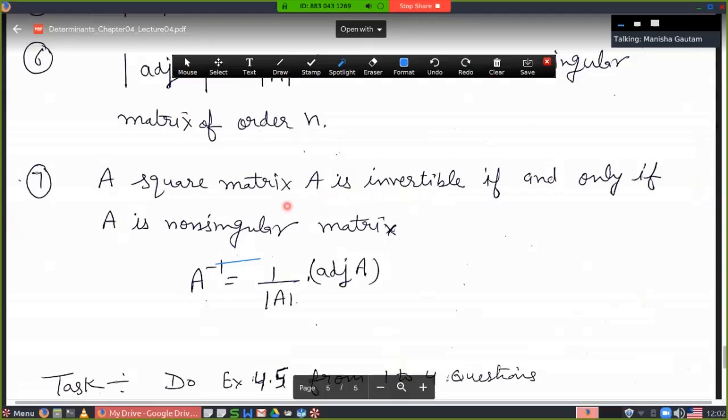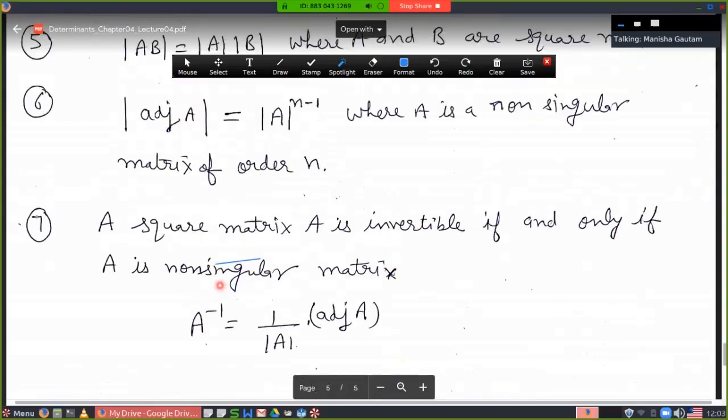So a square matrix A is invertible if and only if the matrix is non-singular, and the inverse of the matrix can be calculated using this formula: A to the power minus 1 is equal to 1 upon the determinant of A into the adjoint of A. This is a way to calculate the inverse of a matrix A.